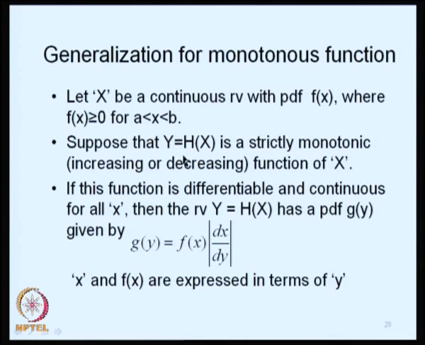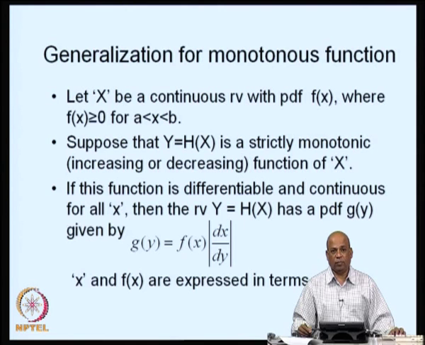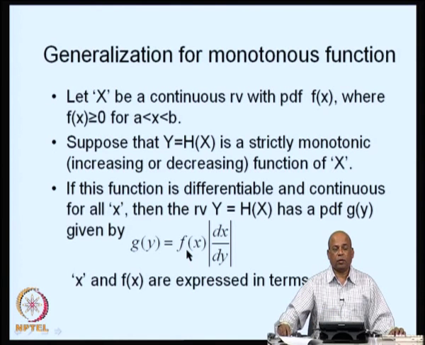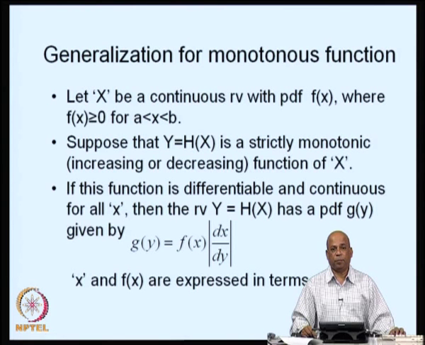Suppose that y is equal to h of x is a strictly monotonic function. It may be either an increasing or decreasing function of x, and we know the PDF f of x. Then the PDF g of y can be straight away written as f of x into the absolute value of dx by dy, which is the differential of x with respect to y.